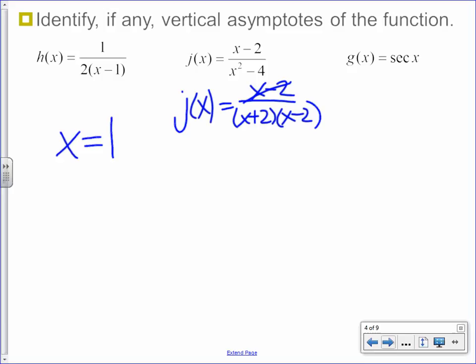What's happening at x is 2? There is a hole, so where's our vertical asymptote? Can we find the limit as x approaches 2? Yes, there's a hole, so it's going to exist. G of x.